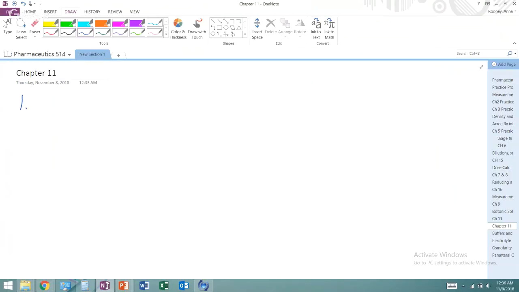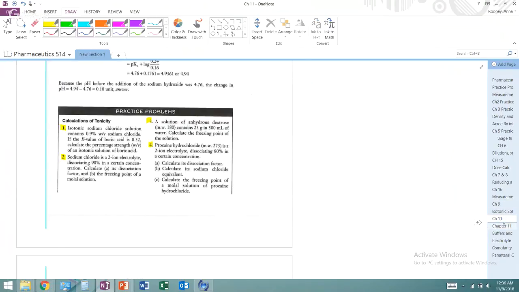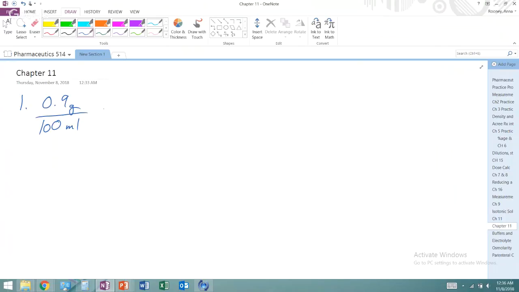So we're going to make an isotonic solution, I think it's weight per volume that they want. Yeah, okay. So this would be our 0.9% NaCl.